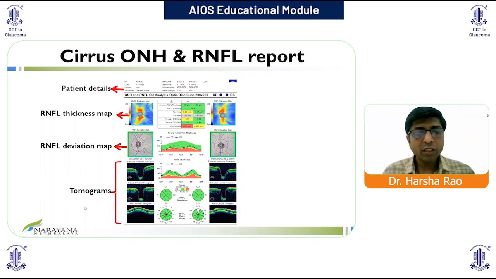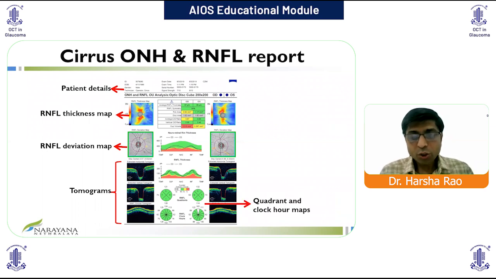But one thing to pay attention to is to look at the segmentation of the structures on these tomograms. As you can see here, on the lowest tomogram, which is called the RNFL circular tomogram, there are 2 lines marked here, which represent how the machine has demarcated the anterior and the posterior border of the RNFL.